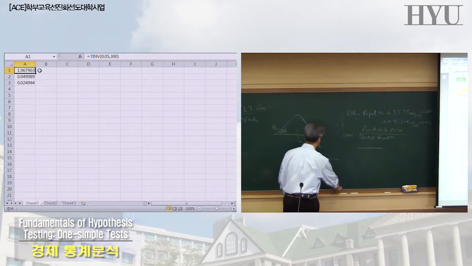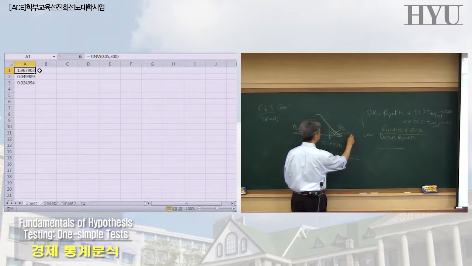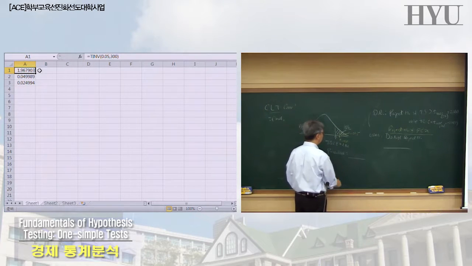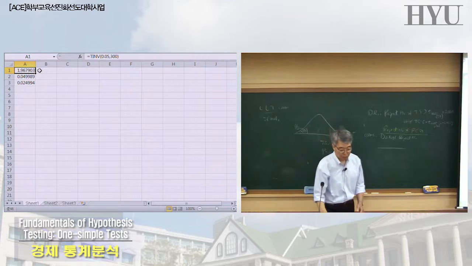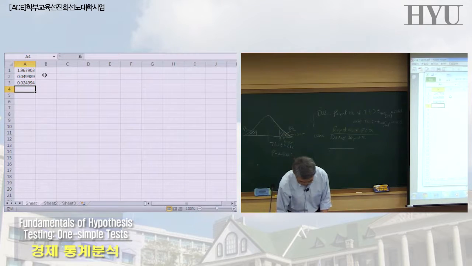So like here, you want to find the critical value which has 0.025 when it's outside. Then what you can do is use this command. Give the alpha level first, and then the degrees of freedom. So here I gave 0.05, 300. Well, if you want, you can try here.